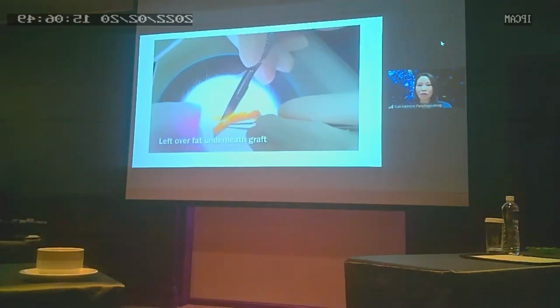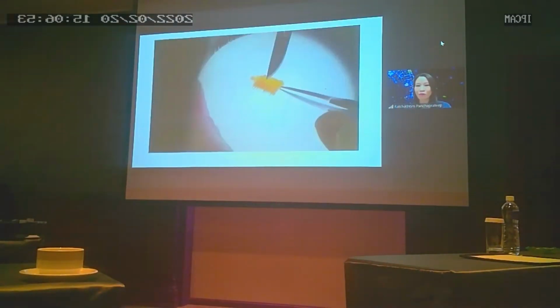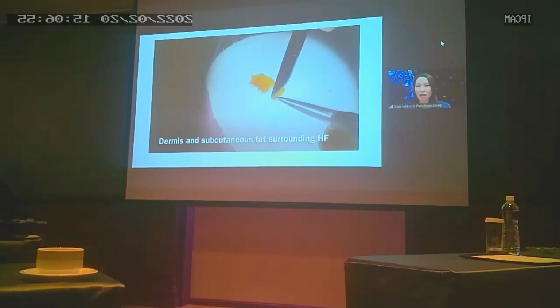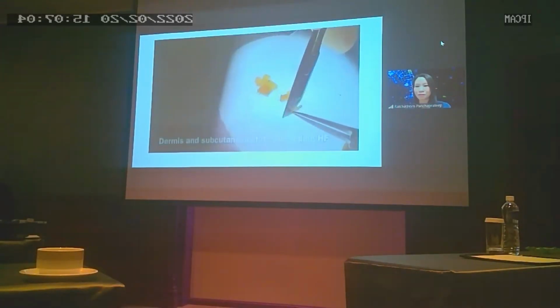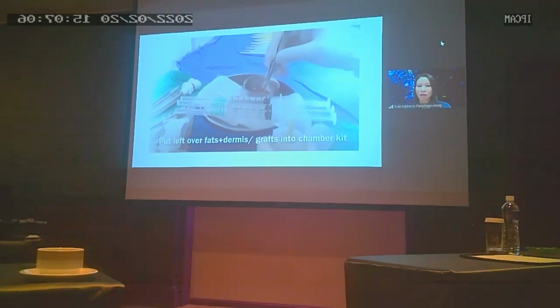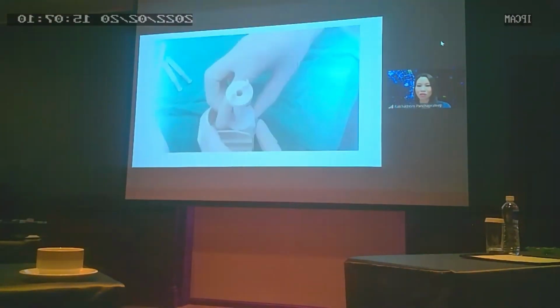And then in FUT, we get leftover fat underneath the graft for the regenerative work, and also the dermis and the fat surrounding the graft. And we put the leftover graft and the dermis into the cartridge.